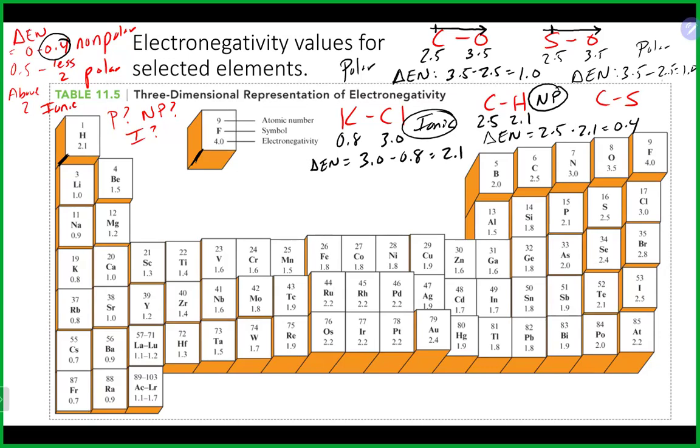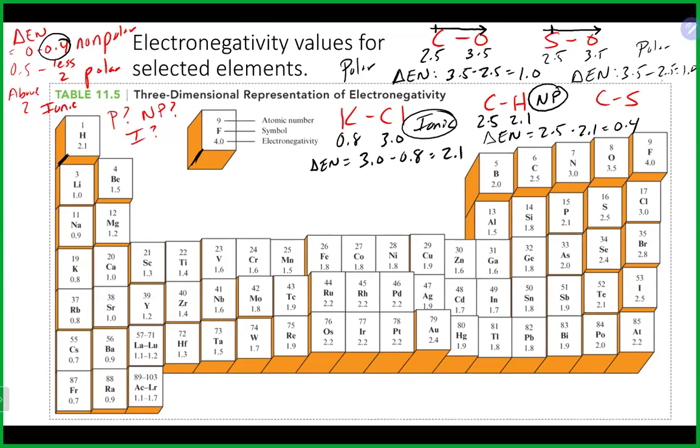Now, the reason for this is, as we just saw in the experiment we did, heptane is made up of all carbons and hydrogens, and it is a nonpolar compound. Most organic compounds are made up of carbon and hydrogen, and they are non-polar, as we saw in the experiment. And that's really why the upper limit cutoff there is 0.4, is to handle the carbon-hydrogen bond, which is a non-polar bond.